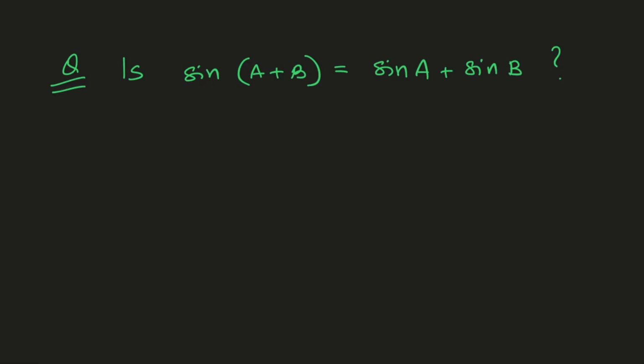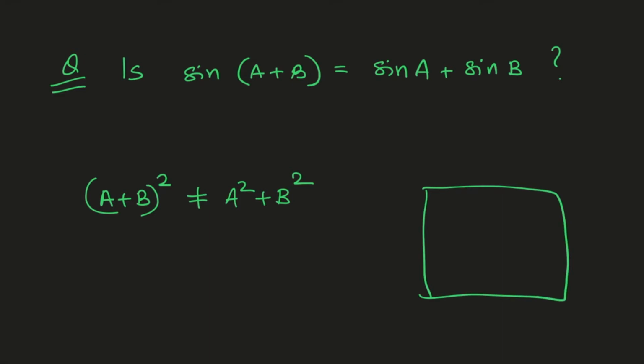In fact, you would have seen other things, like for example, when you take a plus b whole squared, this is not equal to a squared plus b squared in general. What I mean to say is that suppose there is a black box which squares the numbers. For example, if you give a, this gives me a square.